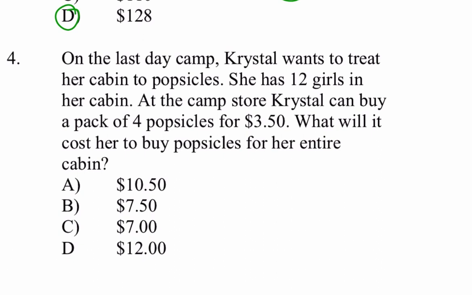Okay, so this one pack has 4 popsicles, right? The cost of one pack is 3.5, right? So the first thing we need to find is how many packs you need to buy to cover 12 girls.